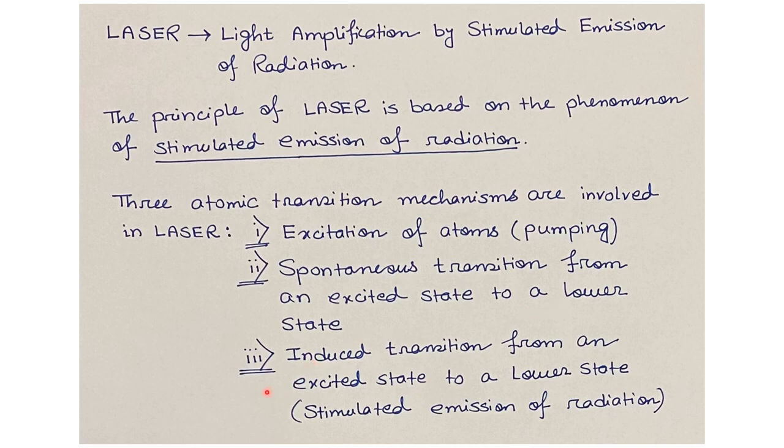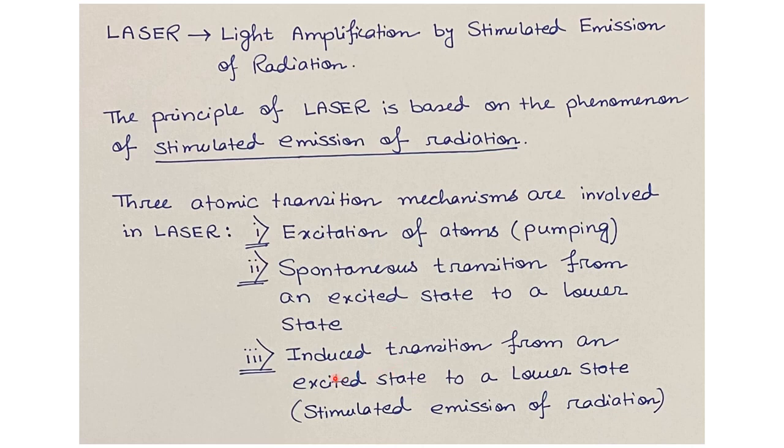Now the third one is induced transition from an excited state to a lower state, which is known as stimulated emission of radiation. This phenomenon, induced transition, is completely different from spontaneous transition from an excited state to a lower state. Spontaneous transition is a completely random process; we don't have any control over it.